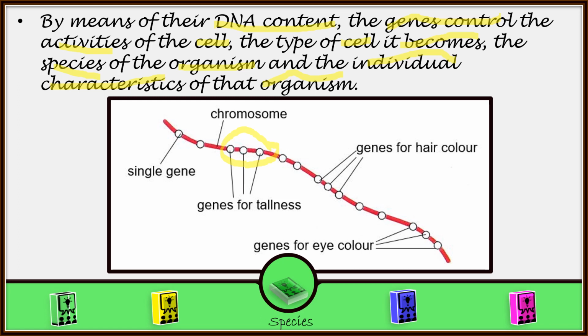For example, these genes here control the activity of the cell, and that is the tallness of an organism. So they also control how the organism is going to appear and its characteristics. For example, these are genes of eye color. They are going to control the characteristics of the eyes, their color.